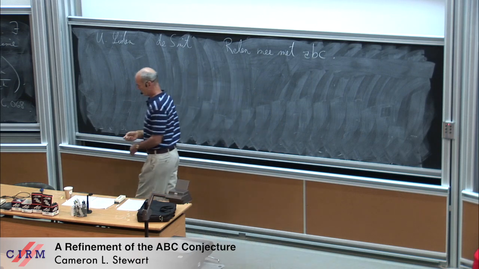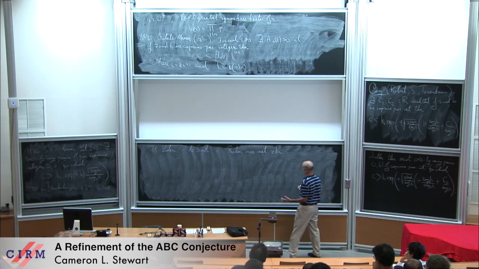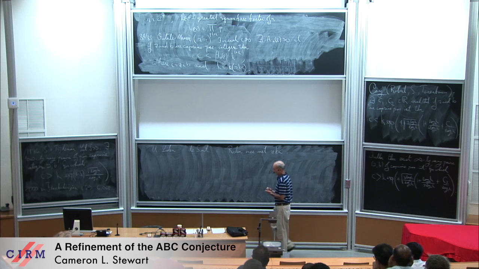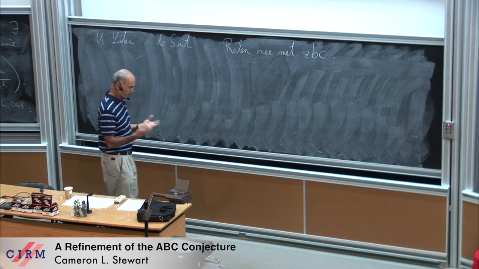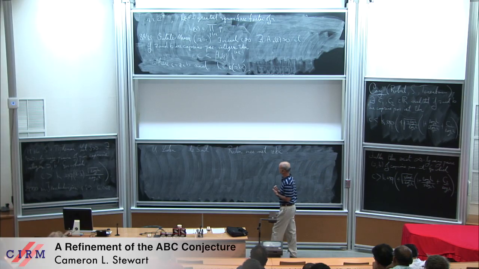And this is one of these computer projects where pieces of it can be farmed out to individuals with computing power that's just going unused. And he keeps track of it, and I think they've worked out the bounds for K of C for all pairs A, B with C up to at least 10 to the 18, I believe now.